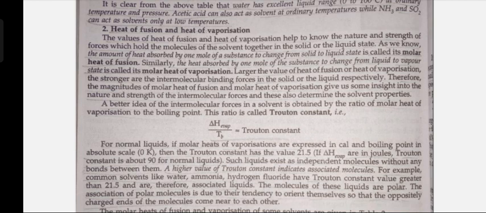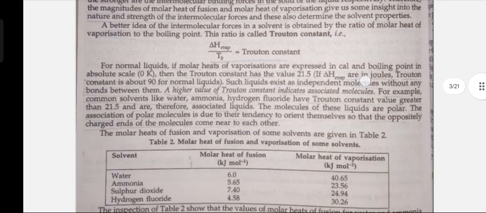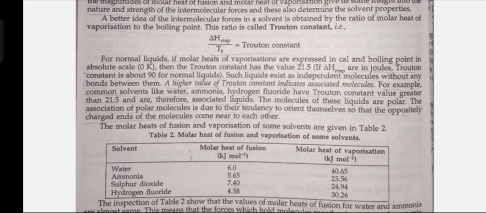A better idea of the intermolecular forces in a solvent is obtained by the ratio of molar heat of vaporization to the boiling point. The ratio is called the Trouton constant, denoted by delta H of vaporization upon Tb, and the value comes out equal to the Trouton constant.